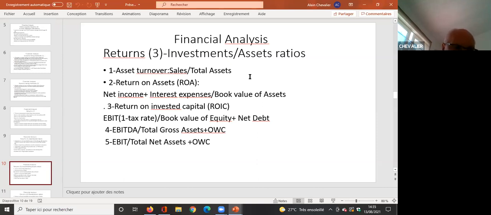You will see that in Dupont analysis it is used to explain the return on equity, ROI is part of the ROE, but it is less used now in simple financial analysis, where more and more analyses use number 4 and number 5. So this is just what I wanted to show you here. It's very simple, but I hope it is clear for you.